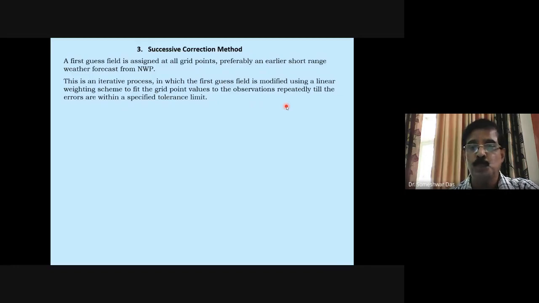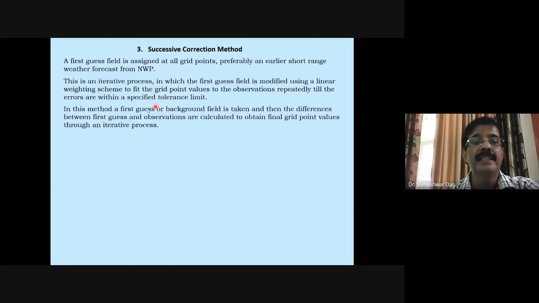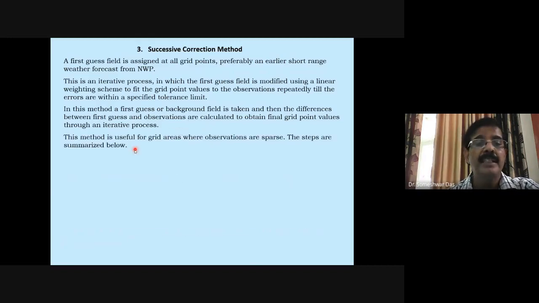Okay. So you keep correcting the first guess based upon the observations. In this method, a first guess or background field is taken, and then the difference between the first guess and the observations is calculated to obtain final grid point values through an iterative process. This method is useful for grid areas where observations are sparse. The steps are summarized below.